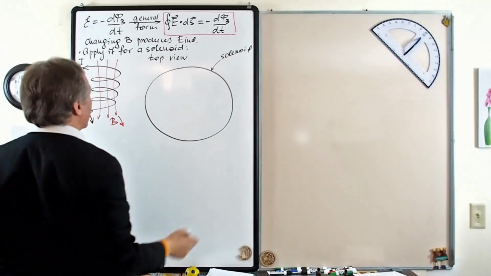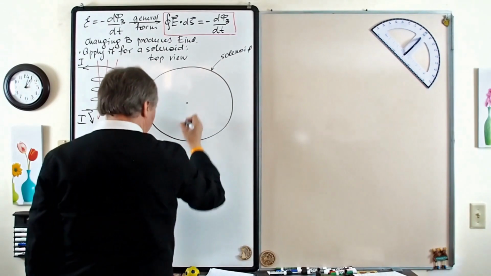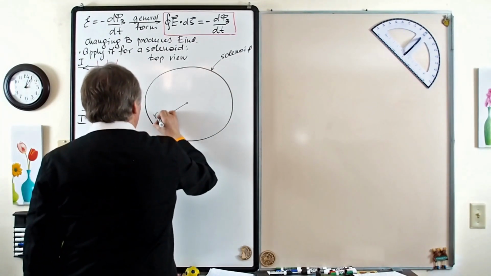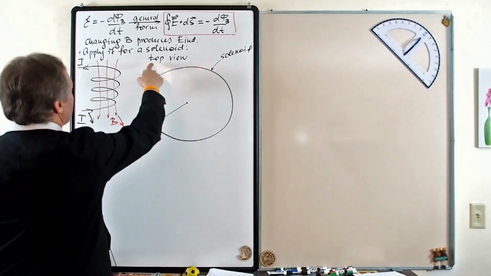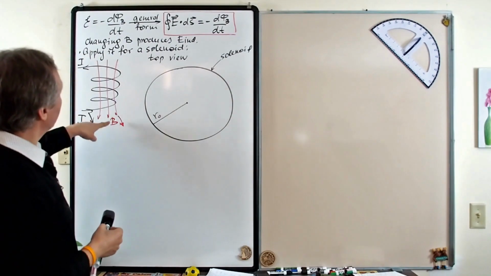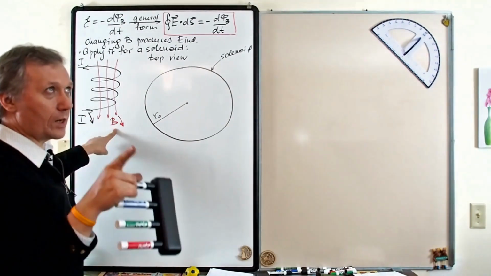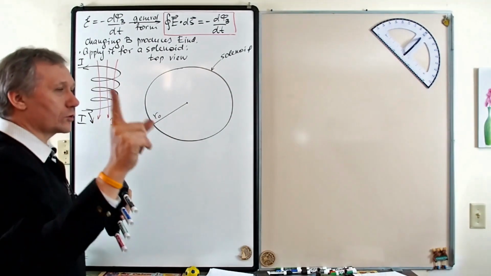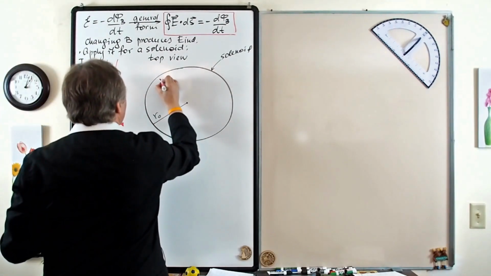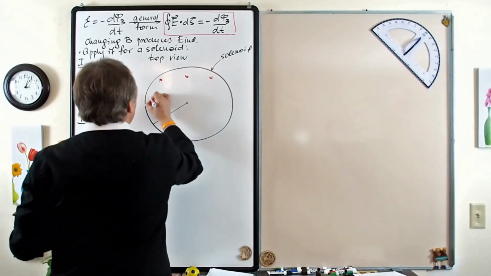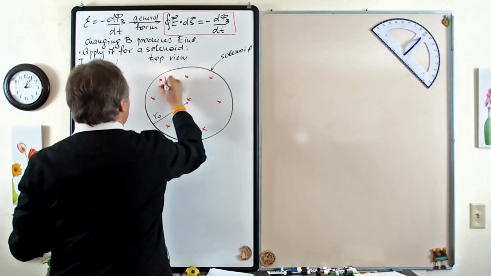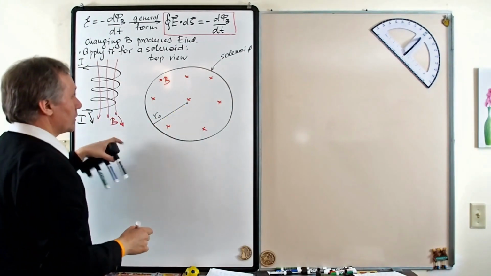This is the edge of the solenoid, and this is the center. Let's say the radius of the solenoid is R0. Since it's a top view, we're going to see the magnetic field represented by dots or crosses. Crosses mean out of us. So magnetic field will be represented by these crosses. So that's B, this magnetic field which is going down.